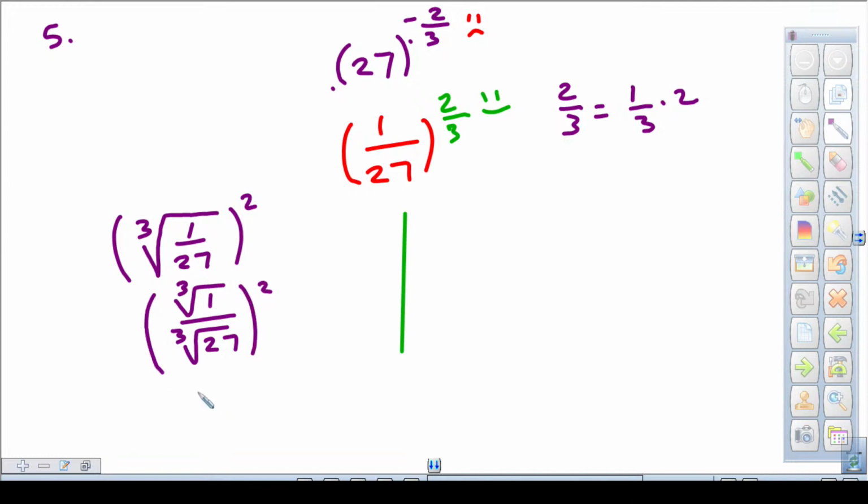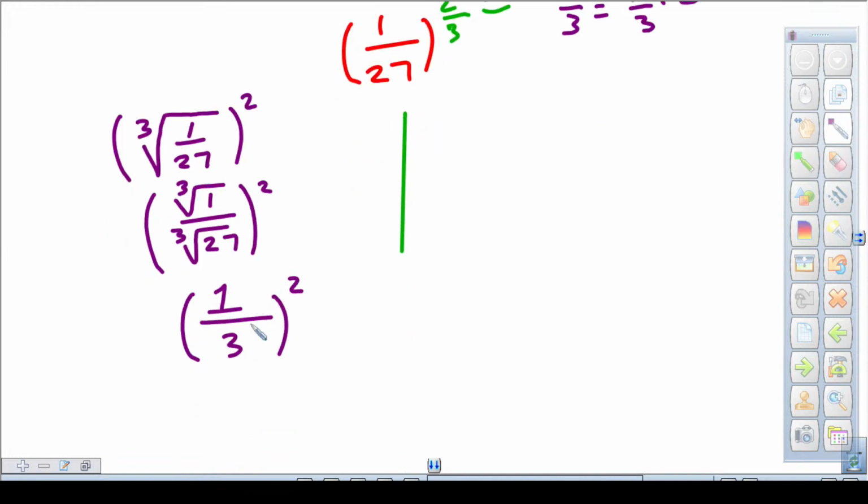Okay. So now 1 cubed is 1, right? The cubic root of 1 is 1. It's always that. So that's not going to affect the 1. At the bottom, however, the cubic root of 27 is going to be a 3. And I still have to deal with the 2 outside.